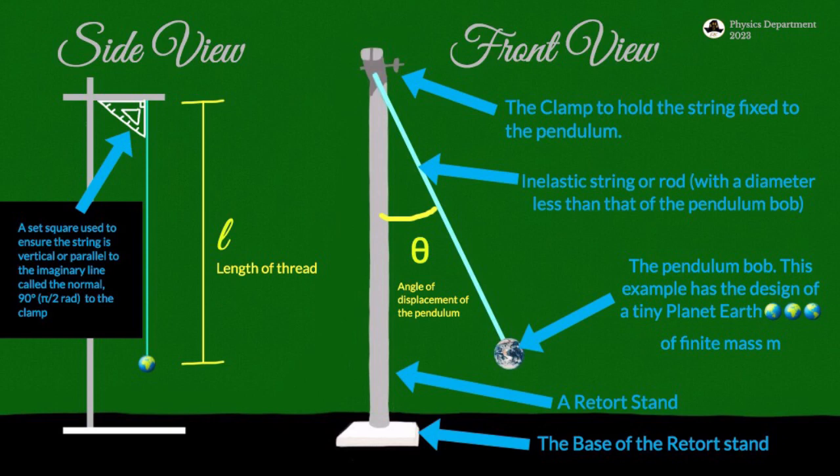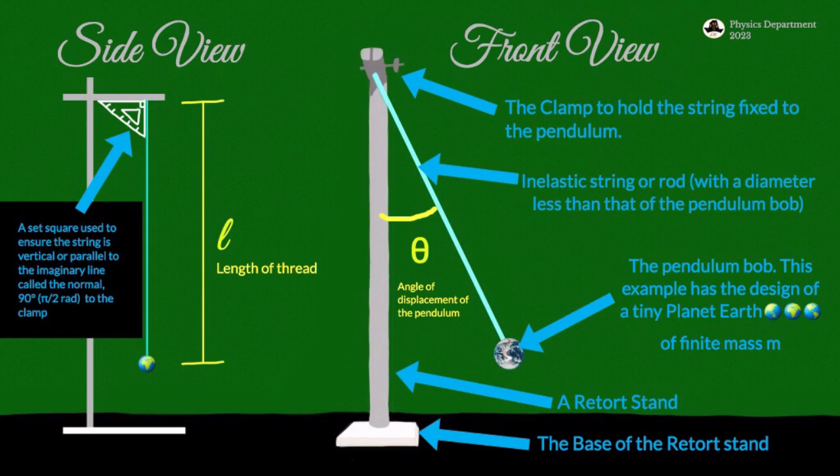That's what we use to ensure that the string is in a vertical position, directly in line with the normal, our imaginary line, remember? Or directly in line with the retort stand. So that's what we call 90 degrees. As you can see, it's written on that side note there, highlighted in black. So just read that. That's basically what I've explained. And then we have our length L of the thread or the string.